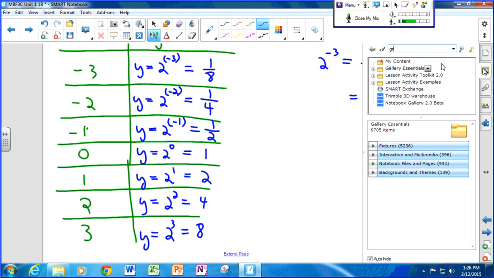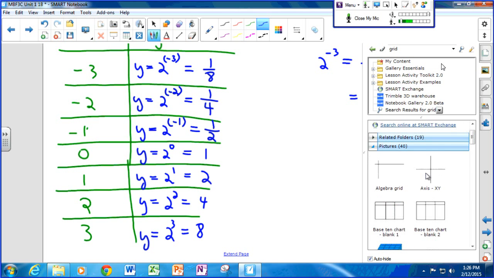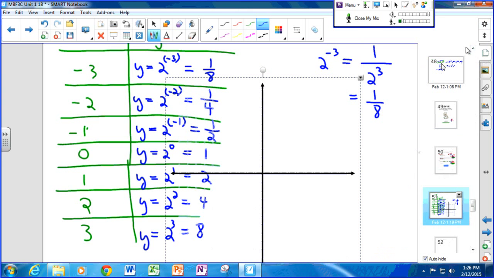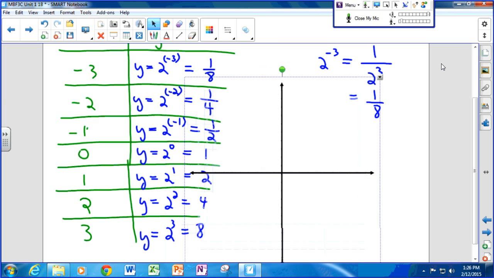Okay, we're getting there. Look at that. Aha! I think that's going to work. If I can get control of my pen back here, then this will be great. All right, there we are.